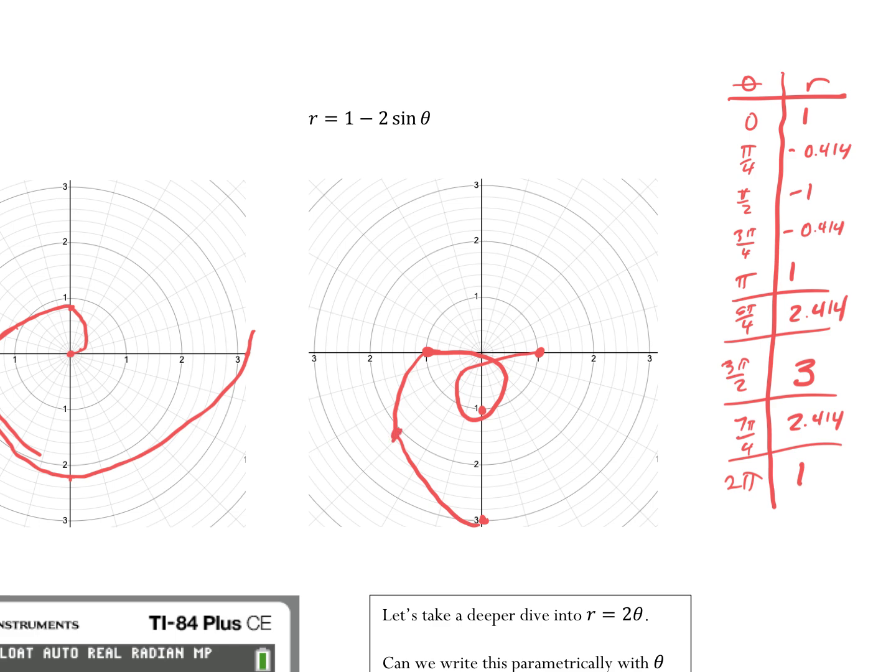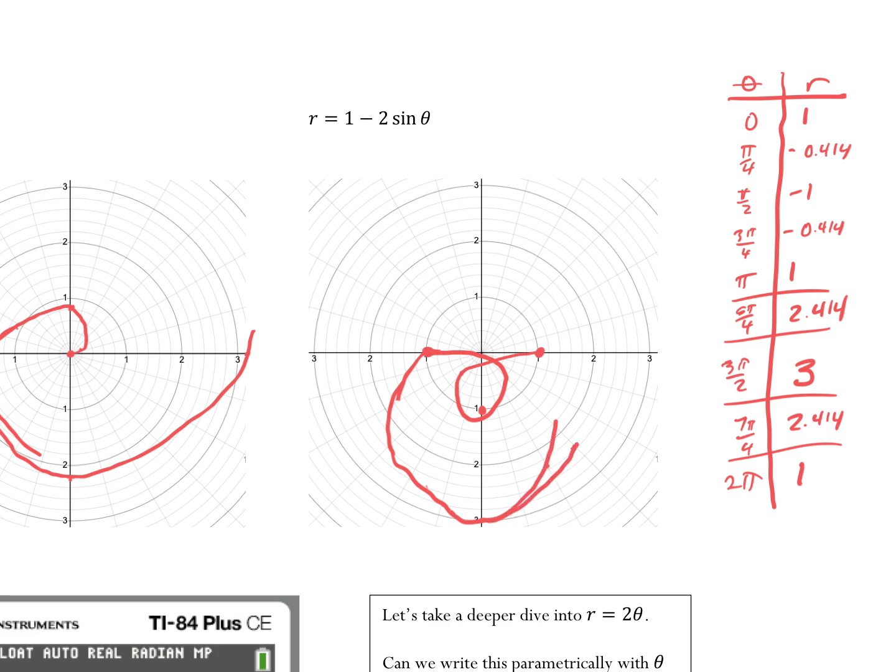Oh, this is off. It's a heart. Oh, it should be here.